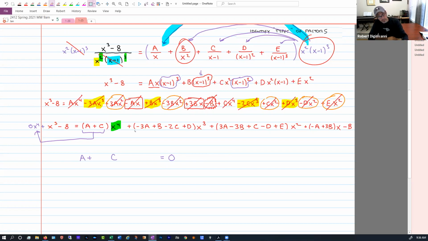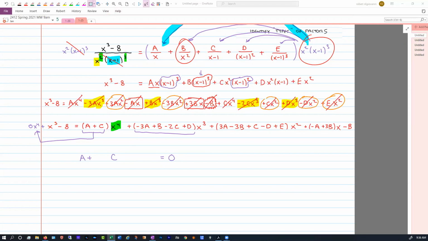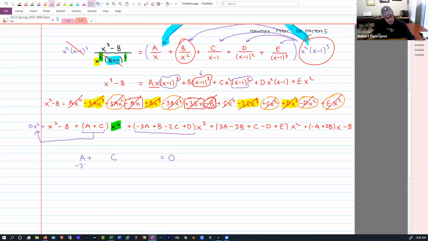What about this one? Minus 3A plus B minus 2C plus D, all that. How about Samuel? Is Samuel here? Yes. Okay, Samuel, are you following this? Yes. Okay, so can you tell me what all this negative 3A plus B minus 2C plus D has to be equal to?